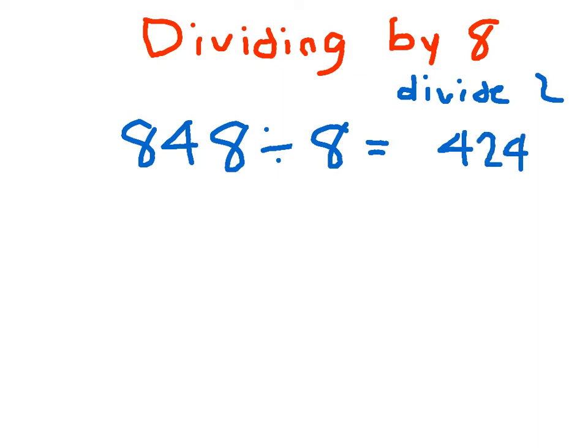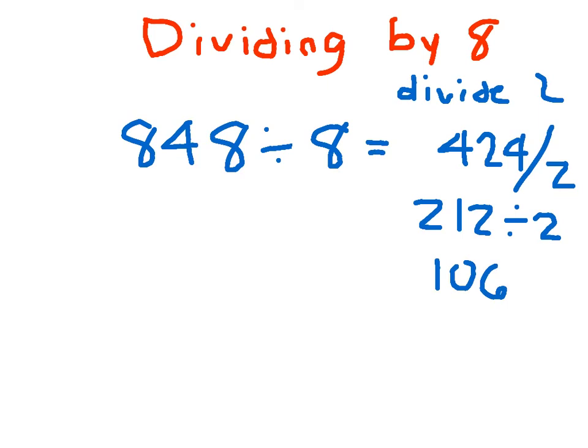I can write in halves like this as well. 424 in half is 212. 212 divided by 2, in half again, is 106. So 848 divided by 8 is 106.